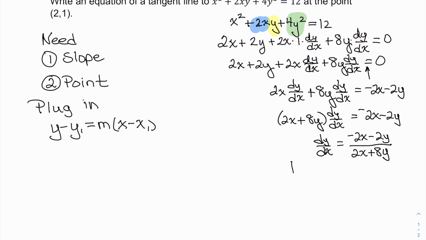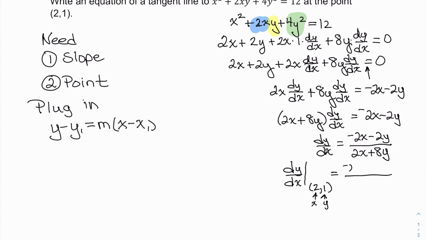So we take that derivative dy/dx and evaluate it. We use this vertical line to show we're evaluating it at the ordered pair (2, 1). Remember, in the ordered pair, your first coordinate is your x coordinate and your second is your y coordinate. Wherever we see an x, we put in 2, and wherever we see a y, we put in 1.